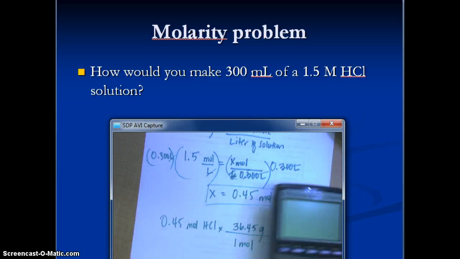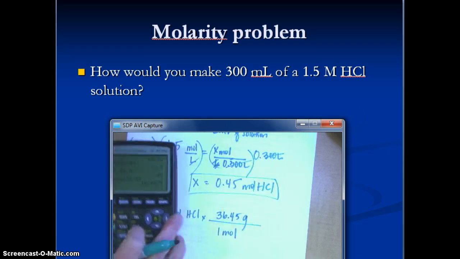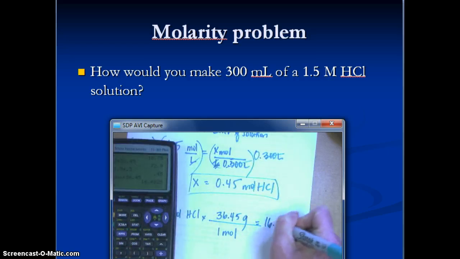And so the math would be 0.45 times 36.45, and that's 16.4 grams of HCl.